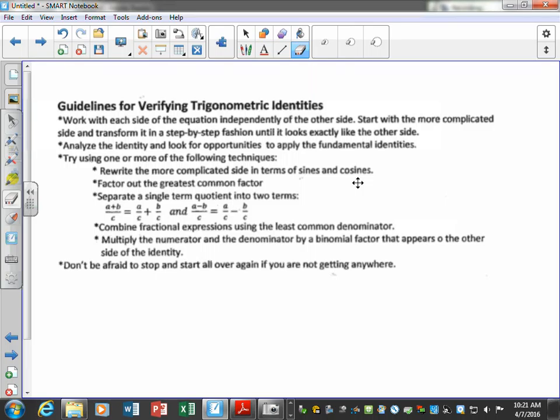We do that probably most often. Another thing we look for is sometimes we can factor out a GCF. If that doesn't get us what we want, occasionally we will separate a single term quotient into two terms. So basically, right here, A divided by C is this, and plus B divided by C is this. So you rewrite it like that, or the same thing with subtraction. So that's rewriting a single term quotient using two terms.